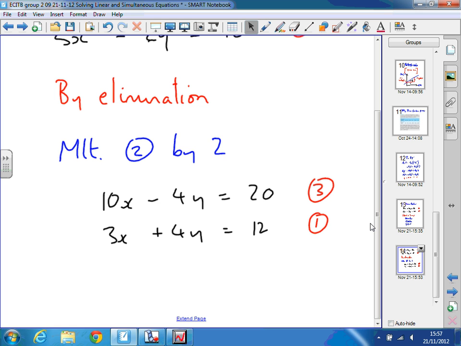If I added equation 1 to equation 3, I'd have 4y plus minus 4y would be 0. And now I just have to add the other terms as well. So what I do is I say equation 1 plus equation 3.